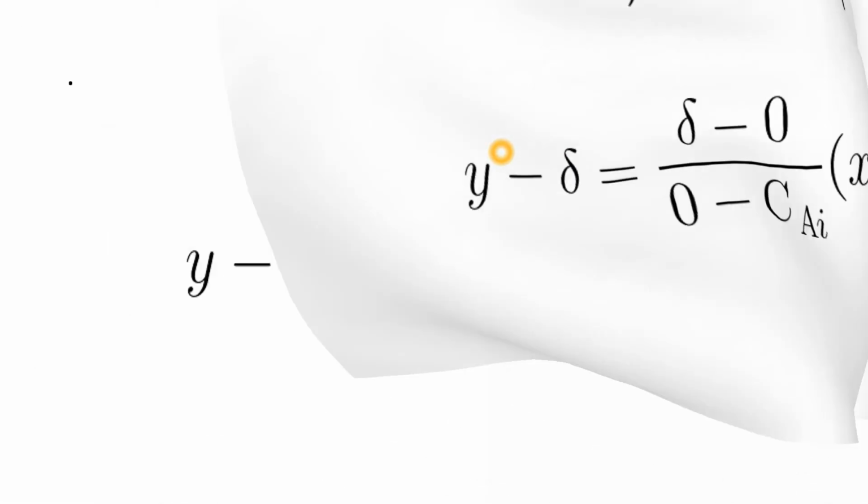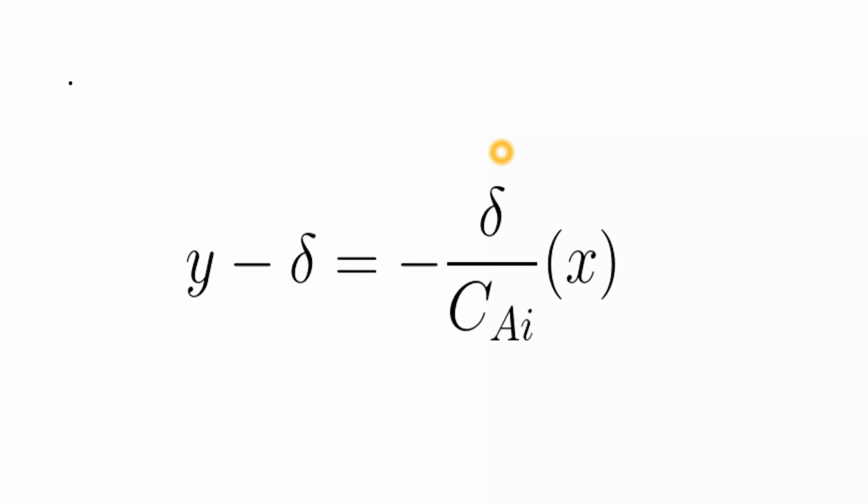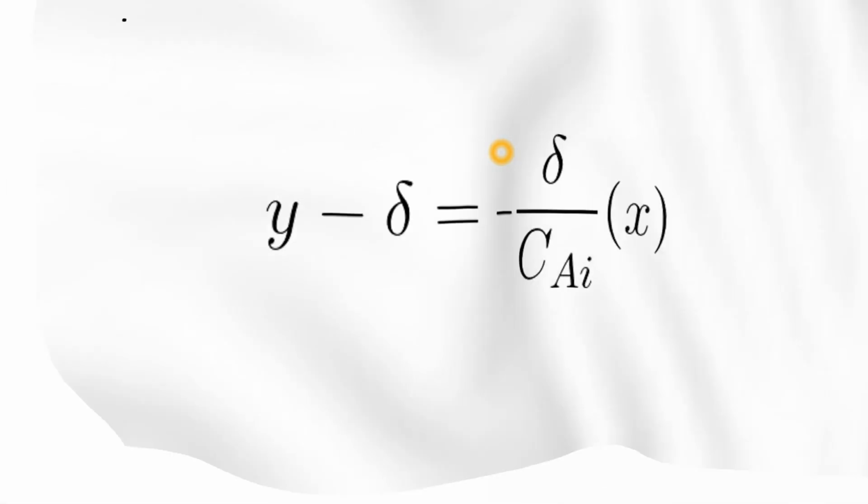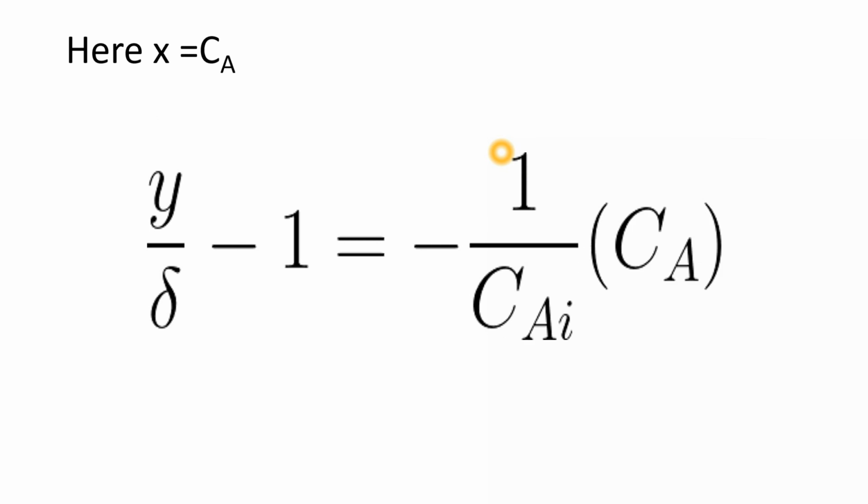From this you will get an equation: y minus delta is equal to minus delta upon Ci into x. Next, since x represents here Ca, I will put it as Ca. Ca is variable, and y is also variable.